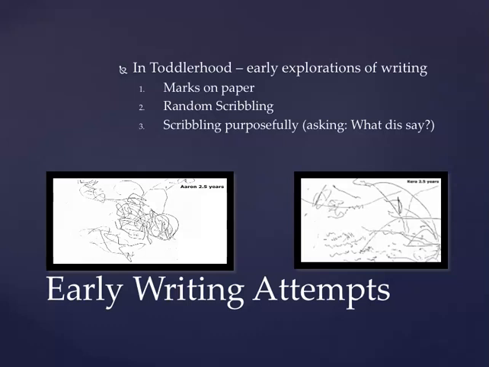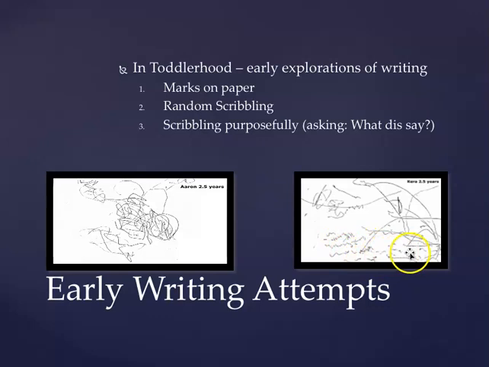So they can write something like, or produce an image like this one over here, that you can see is trying to mimic what writing looks like. Although we can't distinguish any letters yet, we can't distinguish any pseudo letters yet, the scribbling seems purposeful because it's trying to mimic what writing looks like.